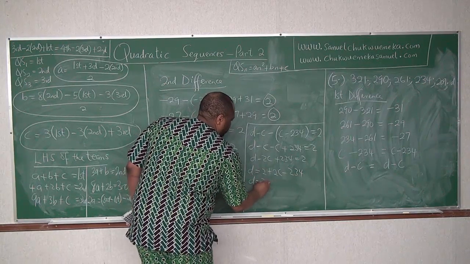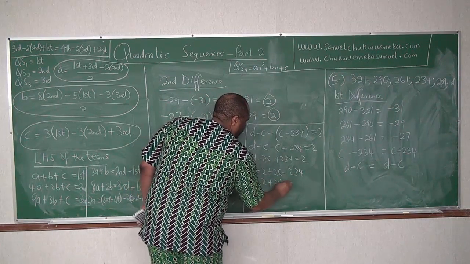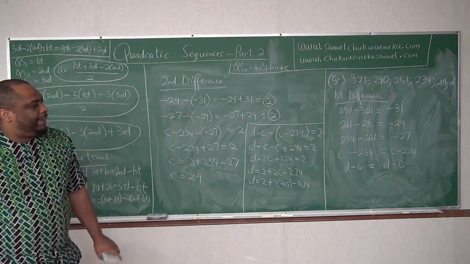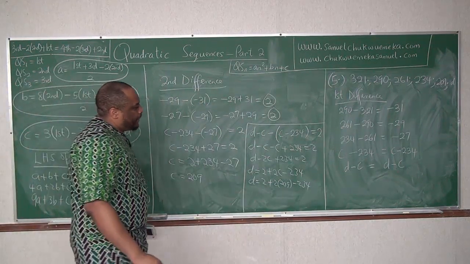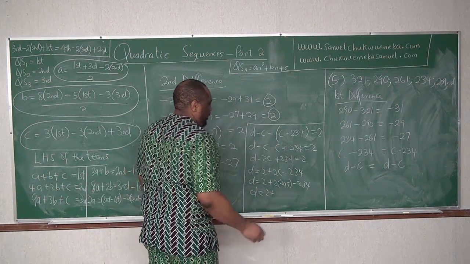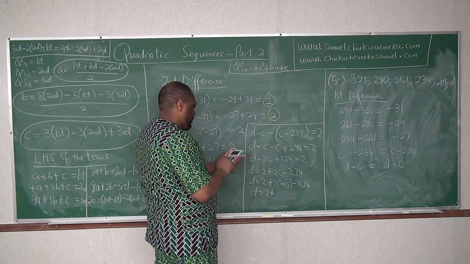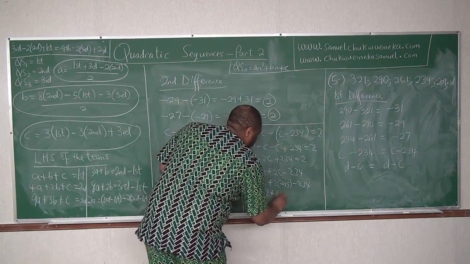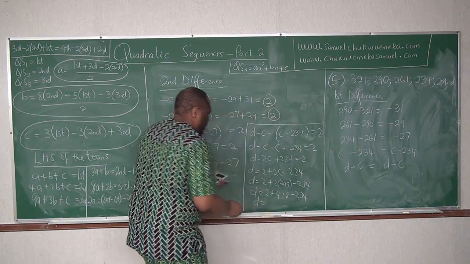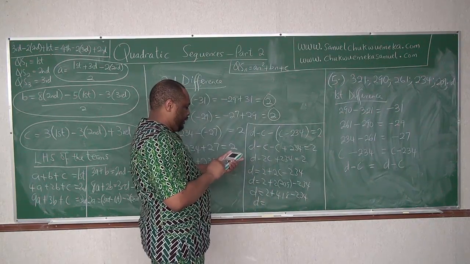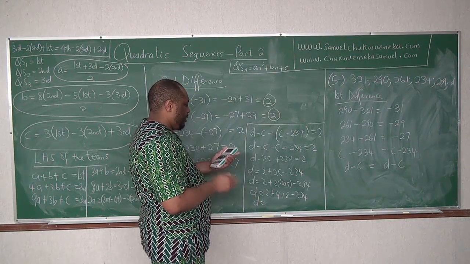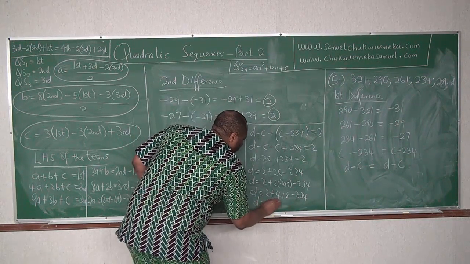So D will be 2 plus 2 times 209 minus 234. 209 times 2 is 418, plus 2 is 420, minus 234.